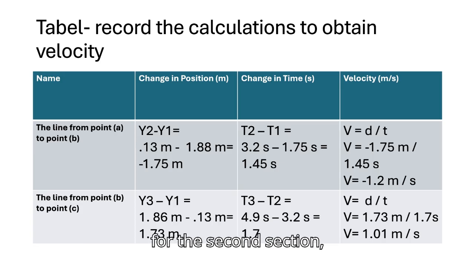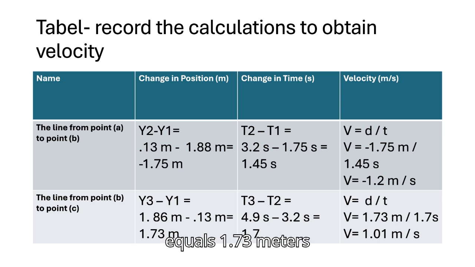Now for the second section, from point B to point C, the change in position was 1.86 meters minus 0.13 meters, which equals 1.73 meters. The change in time was 4.9 seconds minus 3.2 seconds, which equals 1.7 seconds.